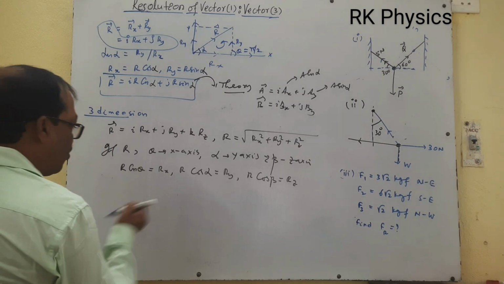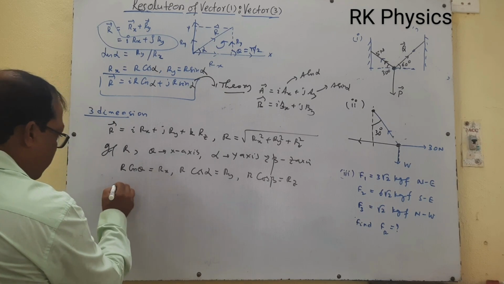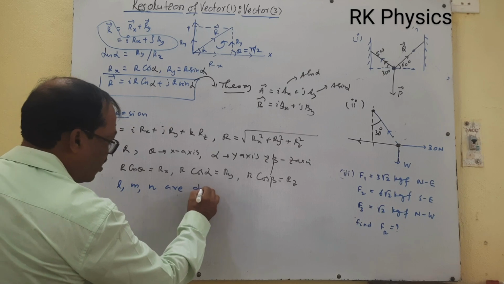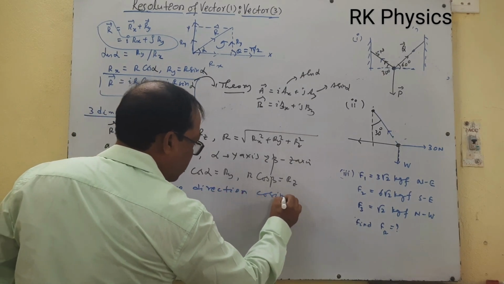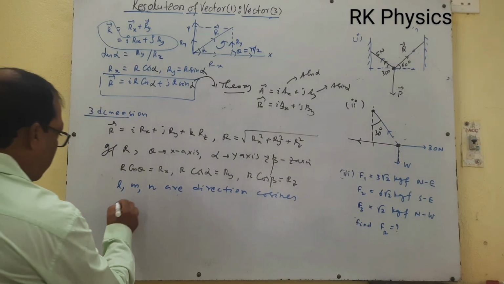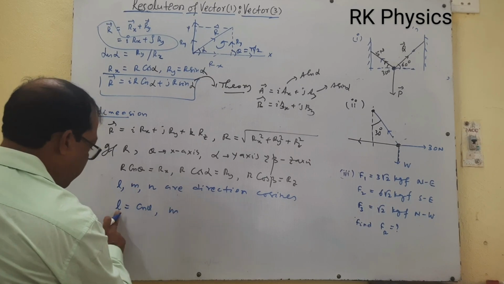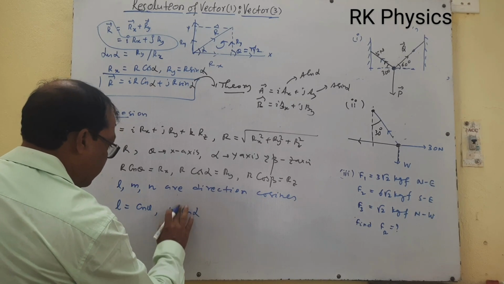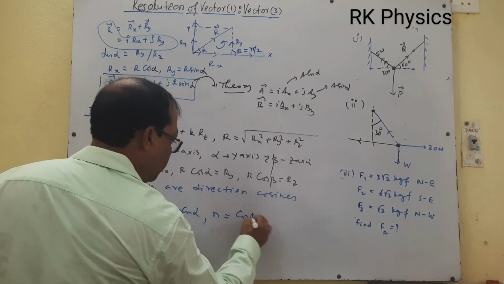Now this is r cos theta. This r cos theta equals Rx. Here L, M and N are called direction cosines. These values you can use in your geometry. So what is L? L is cos theta, along x-axis. M is cos alpha, along y-axis, and N is cos beta.